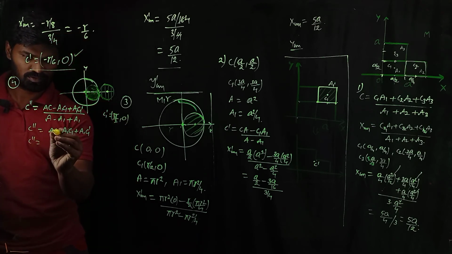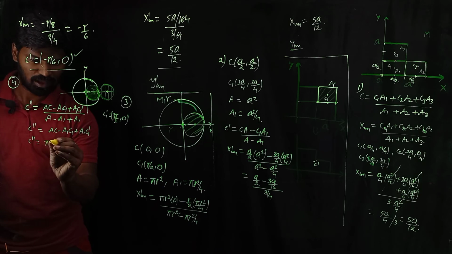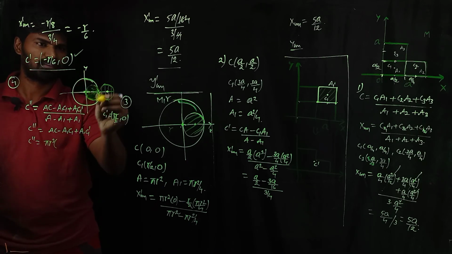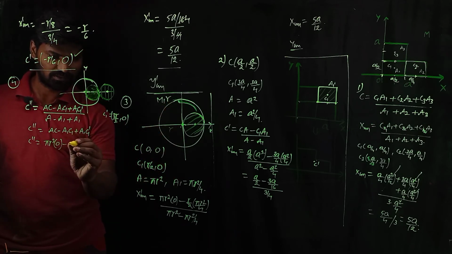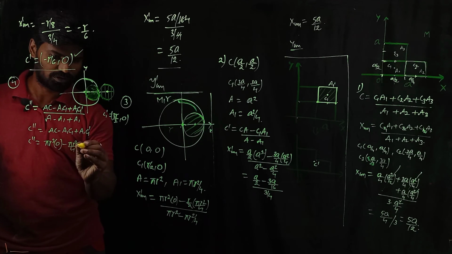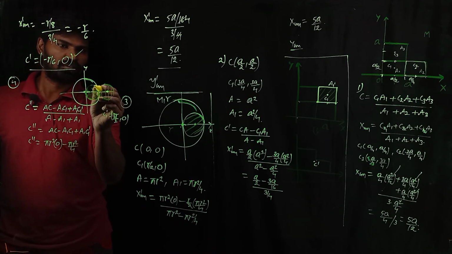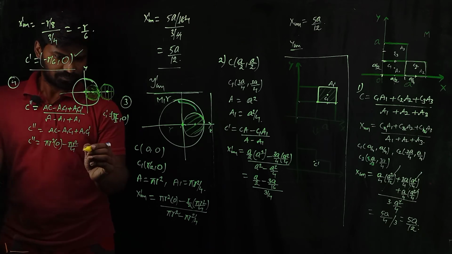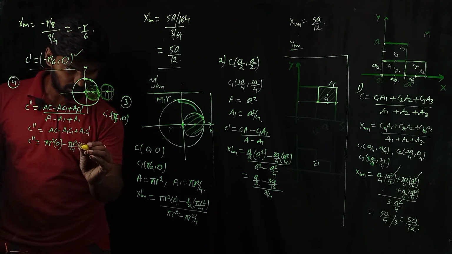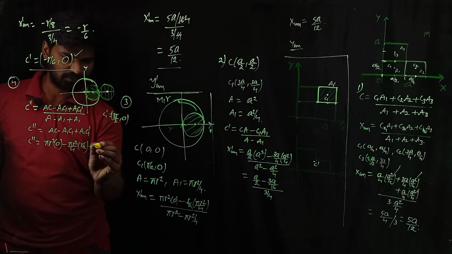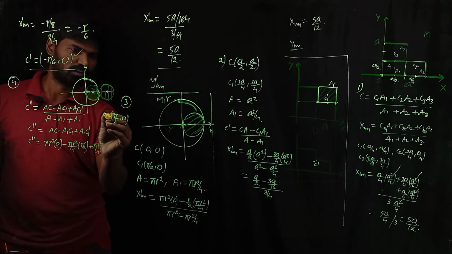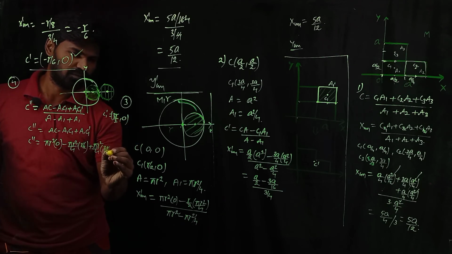Therefore, C double dash is equal to: area is pi r square, into the x coordinate of the center of mass of this disk, which is 0, minus A1, which is pi r square divided by 4, into C1, the center of mass of the portion I am eliminating, which is r by 2, plus A1, the same area I added here, pi r square divided by 4, into the x coordinate of the center of mass, 3r divided by 2.